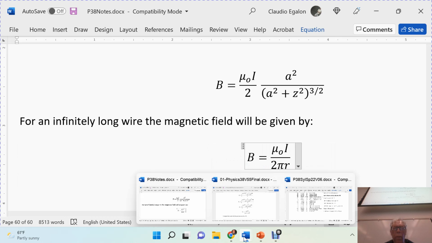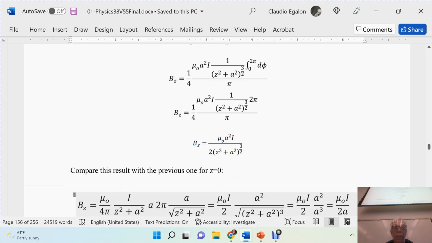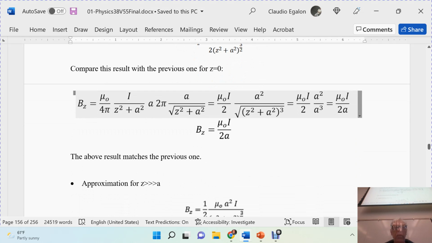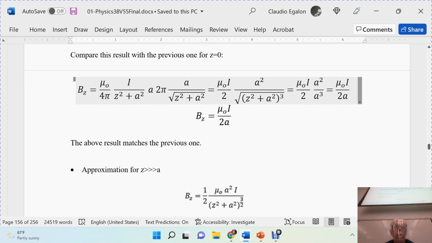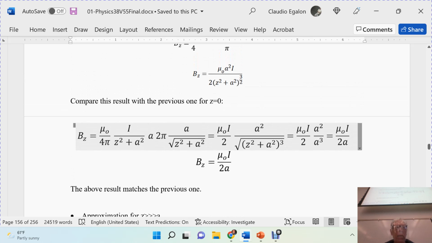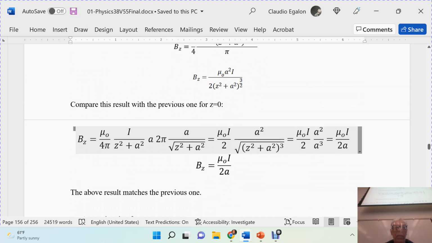Let's see here. No, it's not 2 pi I, it's 2 r. Mu naught I over 2 r.